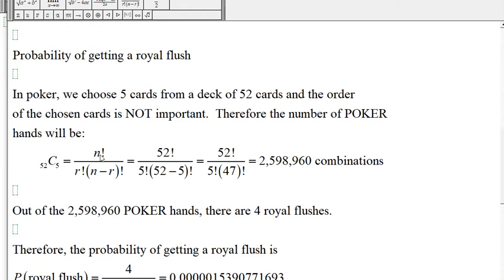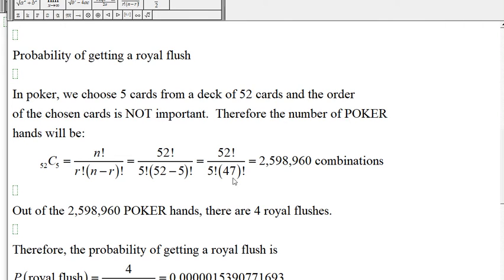And the formula is n factorial divided by r factorial divided by n minus r factorial. So we have 52 factorial divided by 5 factorial, and then 52 minus 5 factorial. Normally a scientific calculator probably wouldn't be able to handle a number this big.